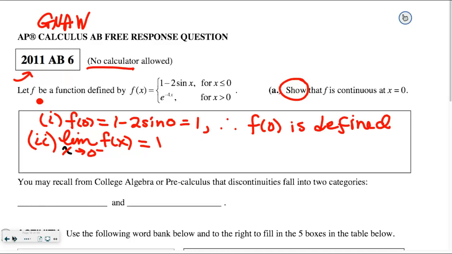Then what do you think I'm going to come in from? Right. Yep, I have to write it out. Somebody asked me if it's hard to do. I'm like, well, the concept's easy. The writing of it gets a little cumbersome. There's nothing I can do about that, though. It just is the way it is. So as I come in from the right, I'd use this piece, and I do e to the negative 4 times 0, which is also 1. It better have been, because it said to show it is.